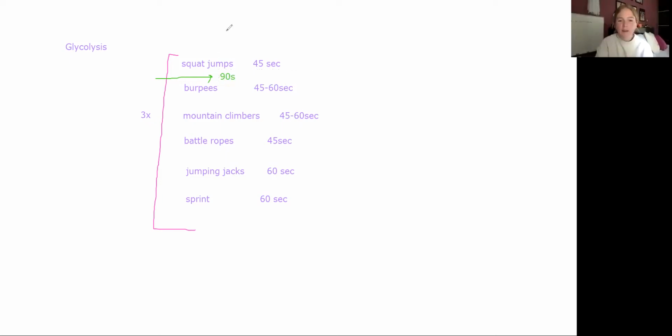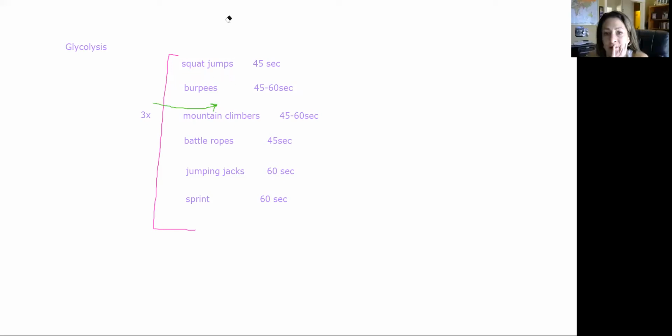I would do it after, so you do the squat jumps and then the burpees and then a rest. And then you do the mountain climbers, the battle ropes, and then a rest. So you're splitting it up so you have a minute and a half of high intensity exercise and then you give yourself the rest. Okay, and how long is this rest?